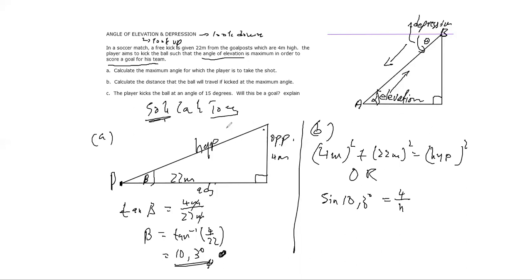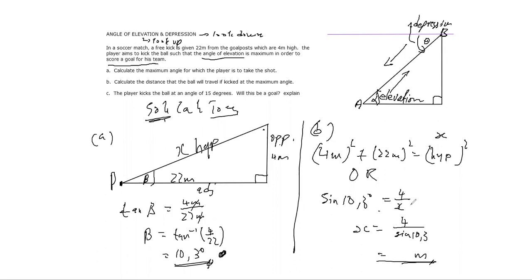Instead of writing hypotenuse, you may want to label that side X or Y, whichever variable you like. I should put up an X. If you make X the subject of the formula, X is 4 over sine 10.3. And that's all you got to do to find your answer, which will be in meters.